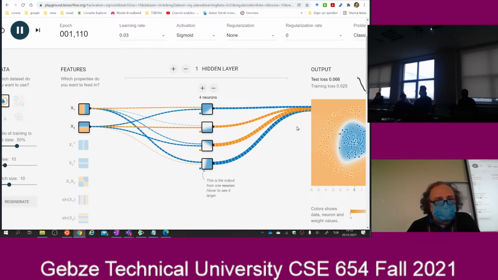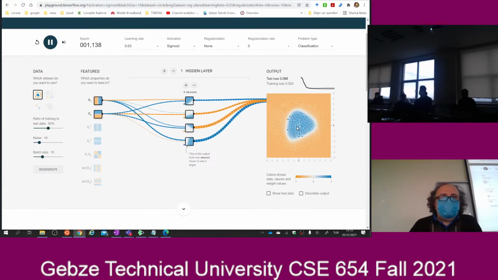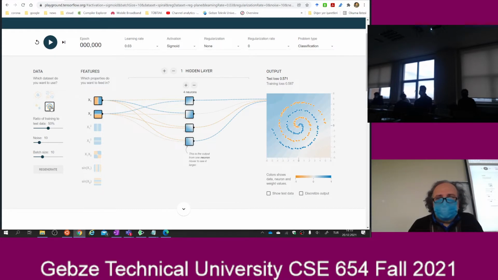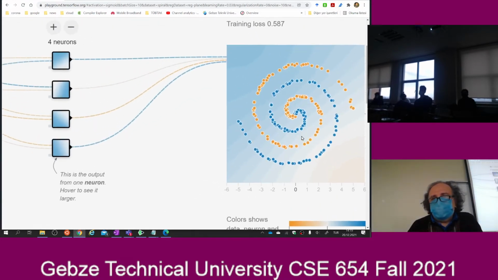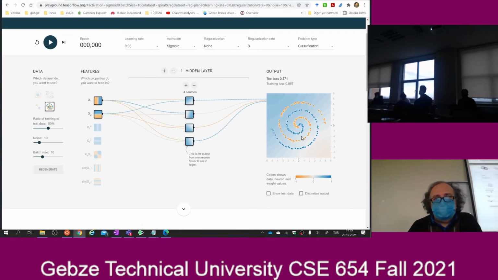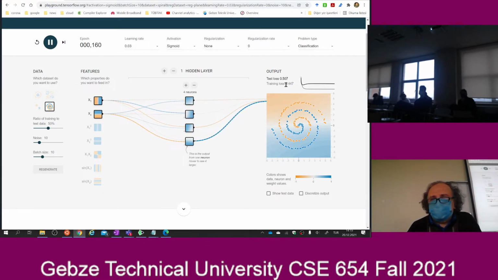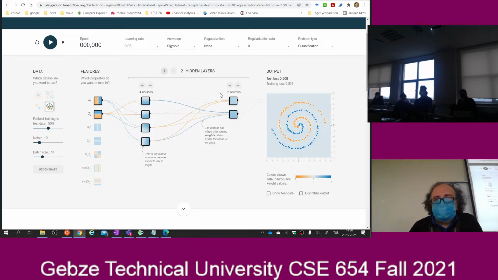Okay. So play with this one. Add more layers. Some of them are difficult to do. For example, this one. See? It's like a spiral. It is difficult to separate this one from each other. So it is going to make some good attempts on it, but it looks like it's kind of stuck. Maybe a single layer is not enough. Maybe I should add 1 more layer with 2 more nodes.